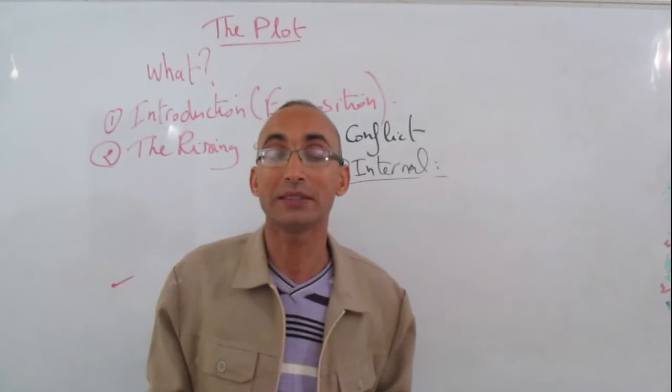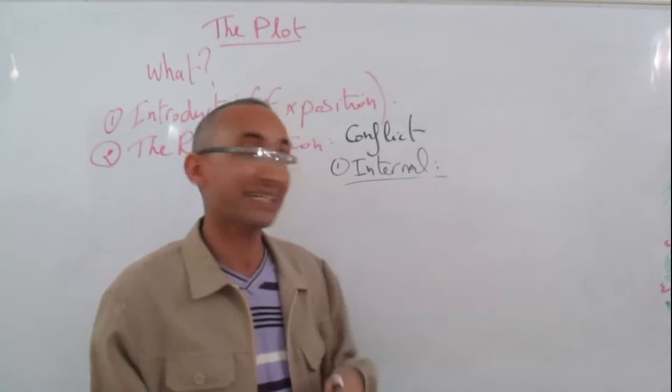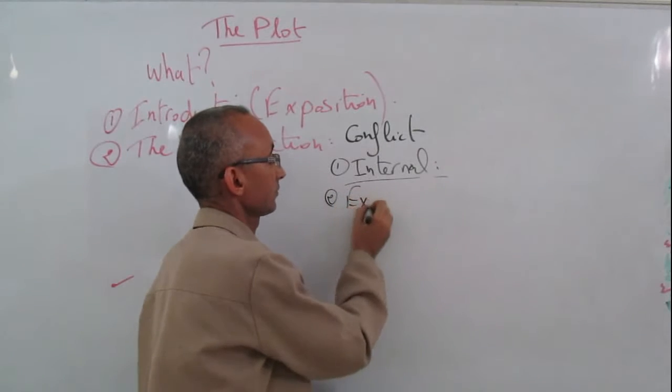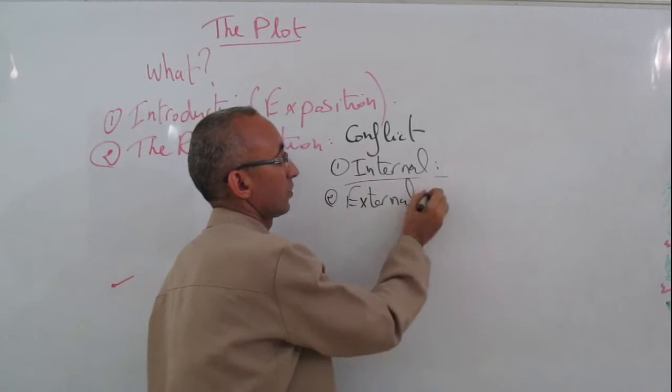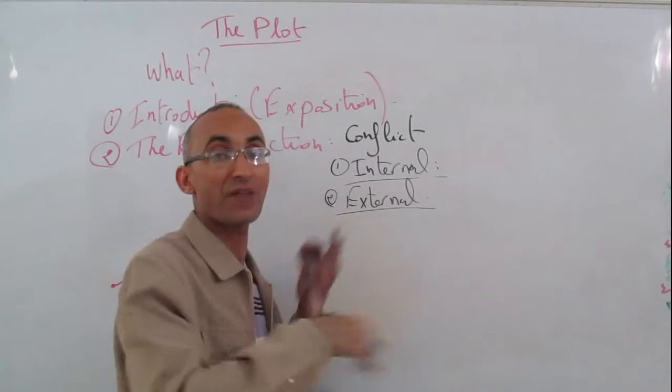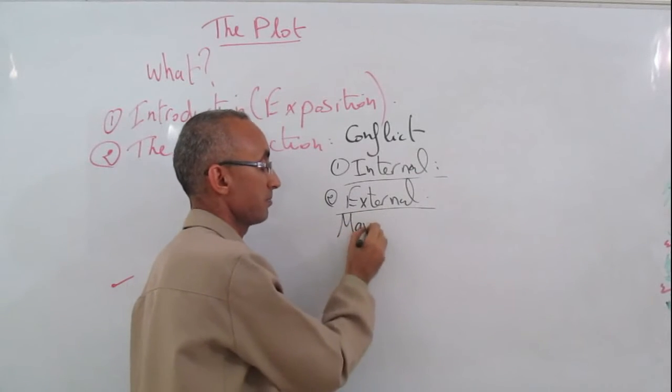About the crime he committed. Also, we have the second type, which is an external conflict. Here it can be between a character and another character.